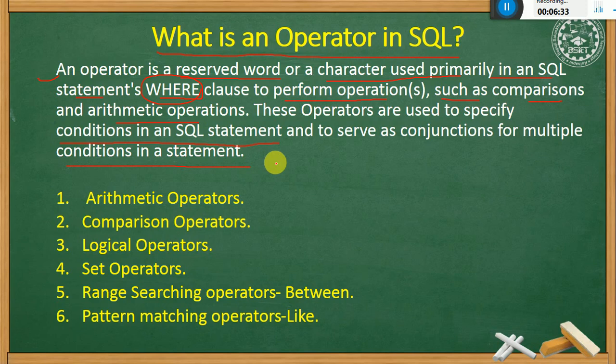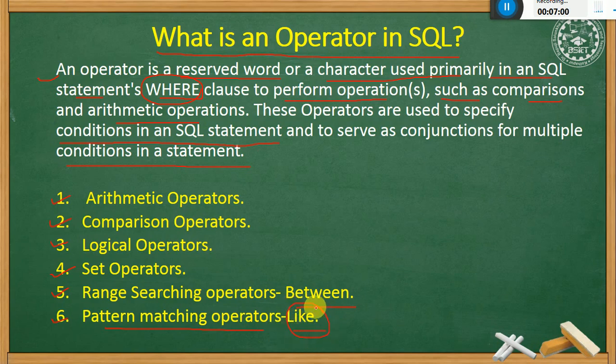It means that multiple operations are combined together. So basically there are 6 types of operators: arithmetic operator, comparison operator, logical operator, set operator, range searching operator, that is between, not between, then pattern matching operator, like.